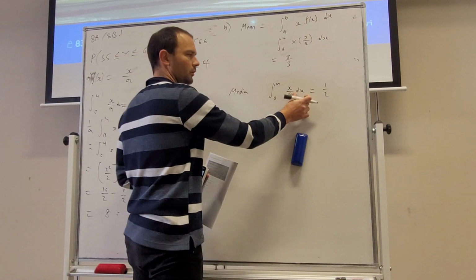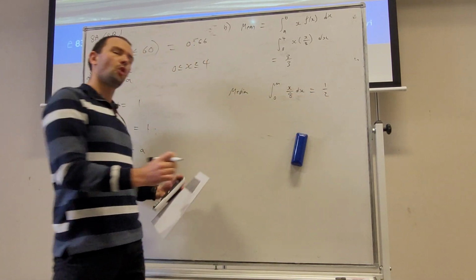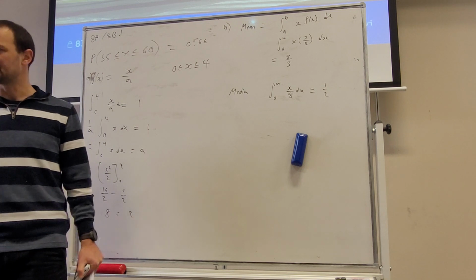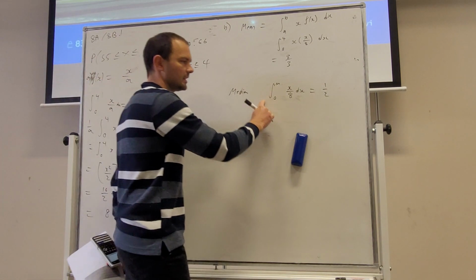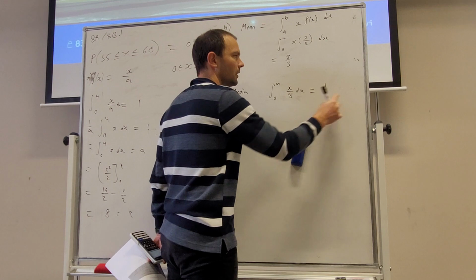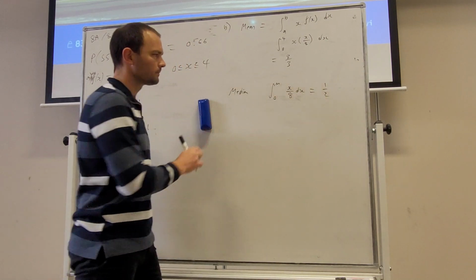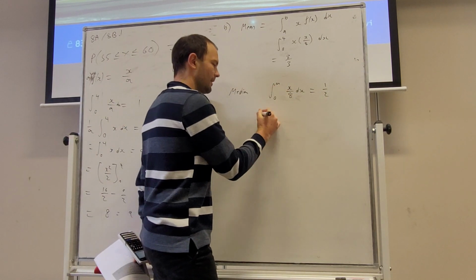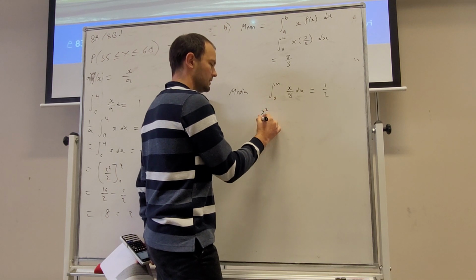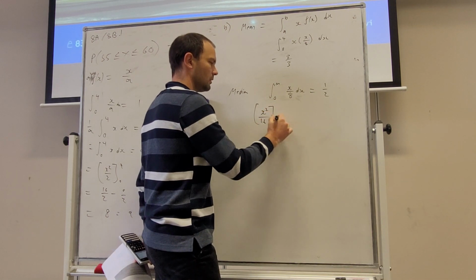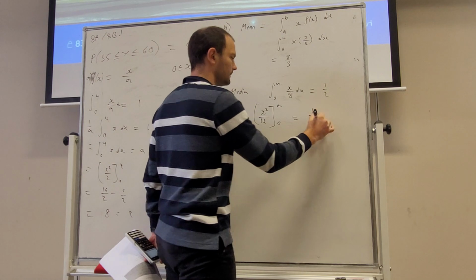So we can go through and solve this using integration, or if you want to solve this on your calculator, you can put this into equation solver. Okay, this one we'll do manually. So we're going to have x squared on 16 from 0 to m is half.